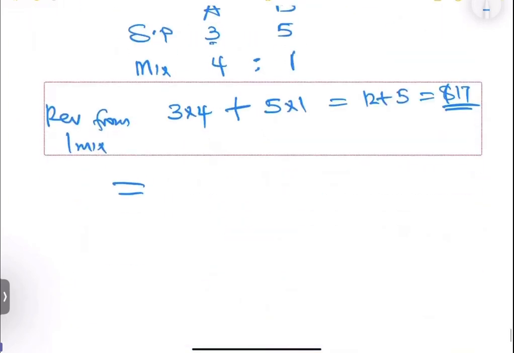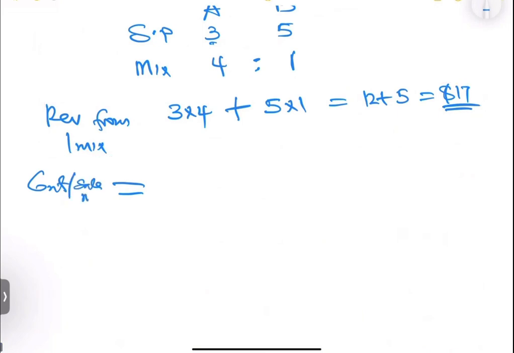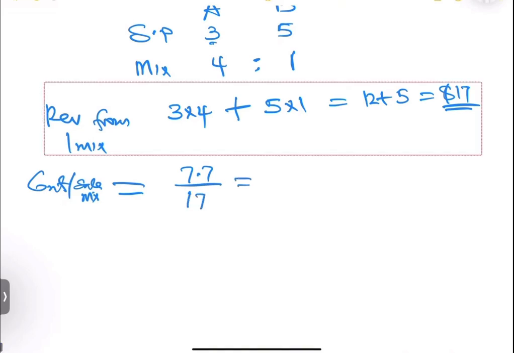So contribution per sale mix is equal to 7.7 divided by 17. And what is that? That's 0.453. So we know our contribution per sale mix.